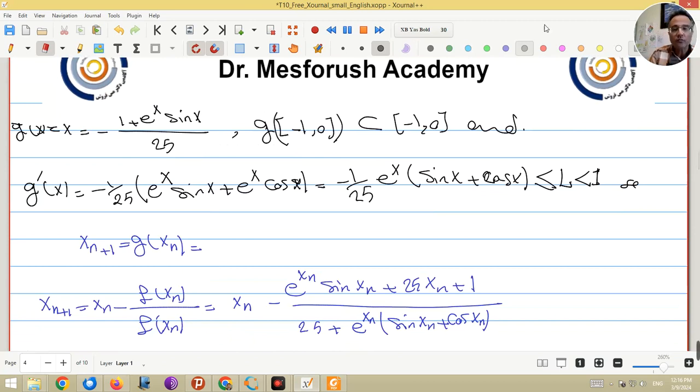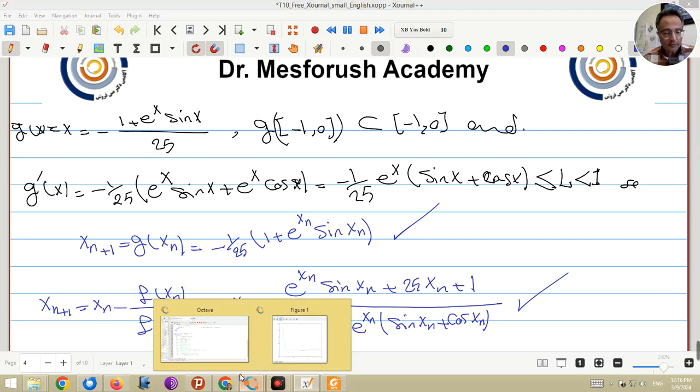This is the correct sequence. Minus 1 over 25, 1 plus e to power of x n sine of x n. This is true, and this is for the Newton method.